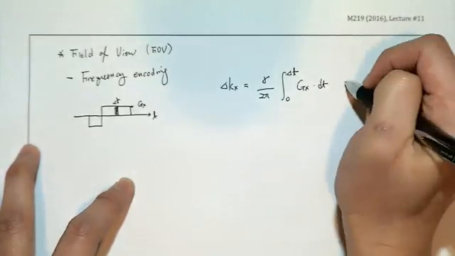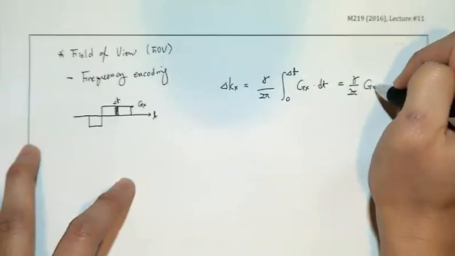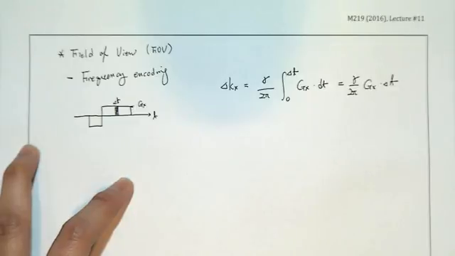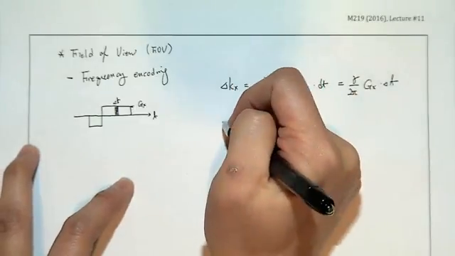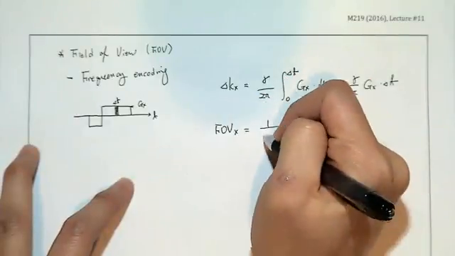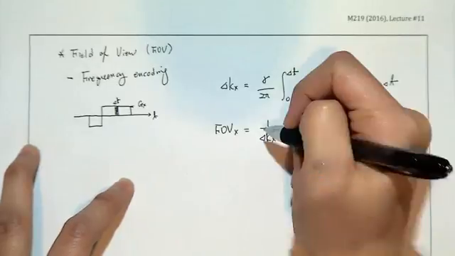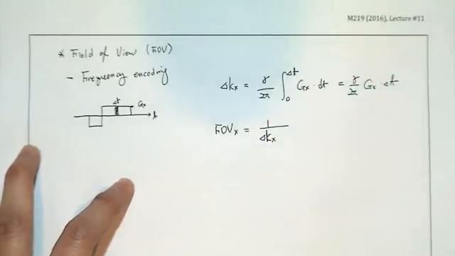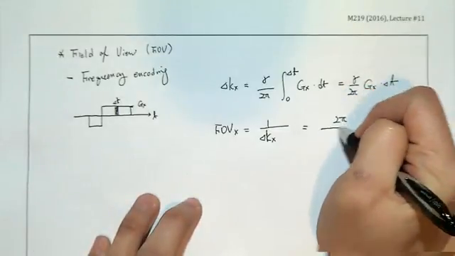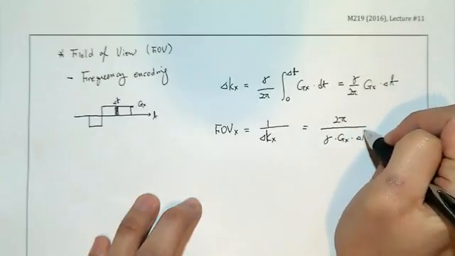So it's going to be just gamma over 2 pi times Gx times delta t. Right? And the field of view x, as we defined before, will be 1 over delta kx. That means it's going to be 2 pi divided by gamma Gx times delta t.